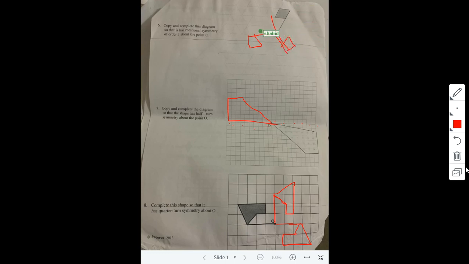Yes. Because this is 120 and then this is 180. So for 180, it's just kind of the opposite way, I guess, like the shape is drawn.